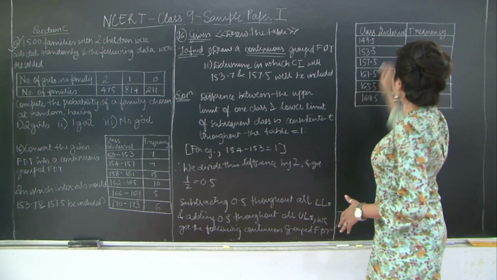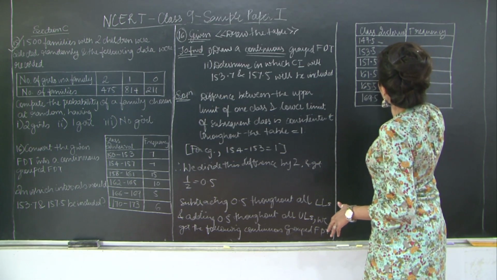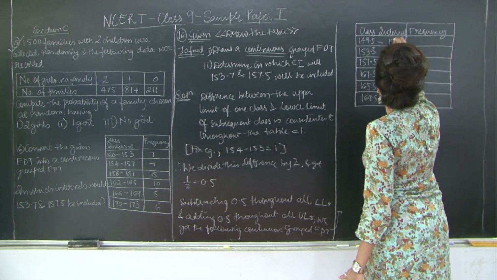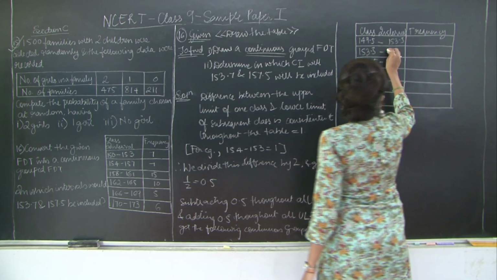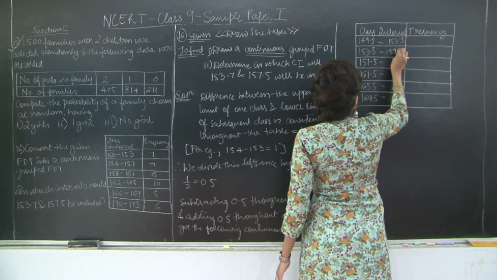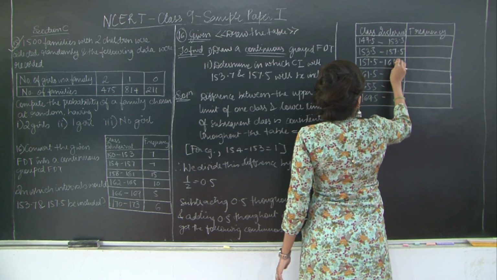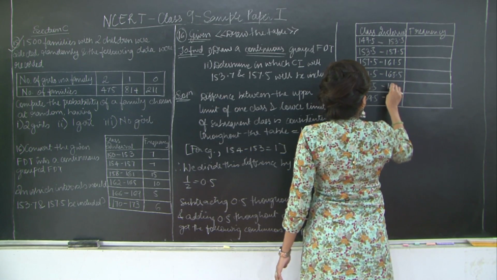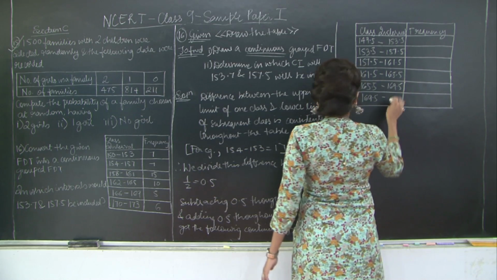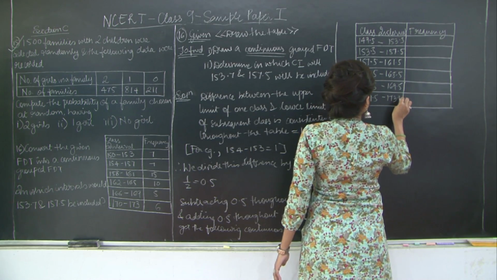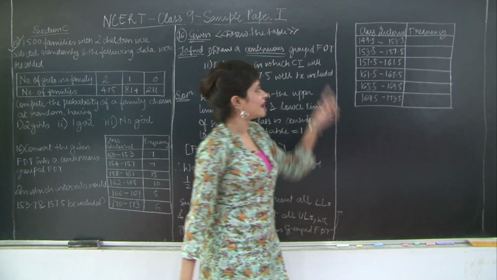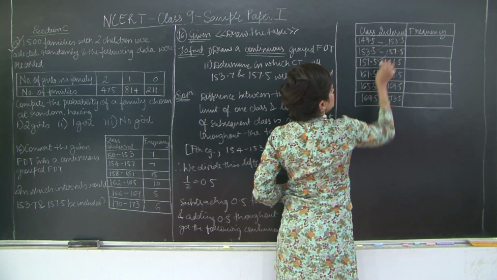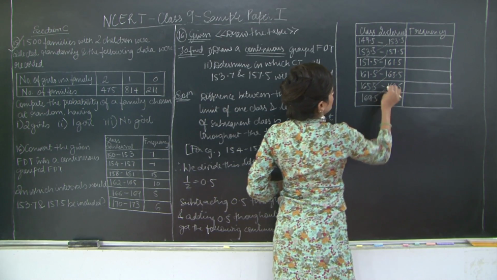Now adding 0.5 to the upper limits, what do I get? 153.5, 157.5, 161.5, 165.5, 169.5 and finally 173.5. So if you notice, now I have a continuous grouped frequency distribution table. You can see the continuity this way.